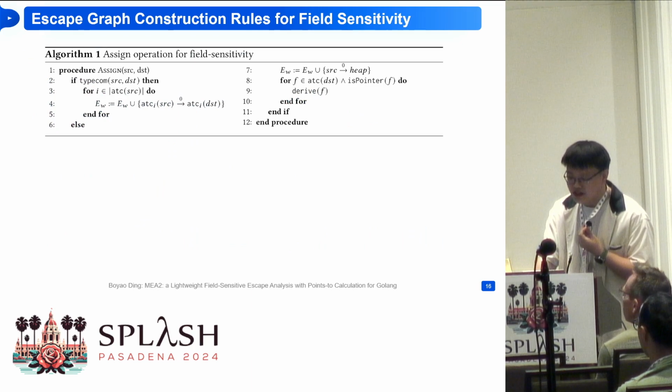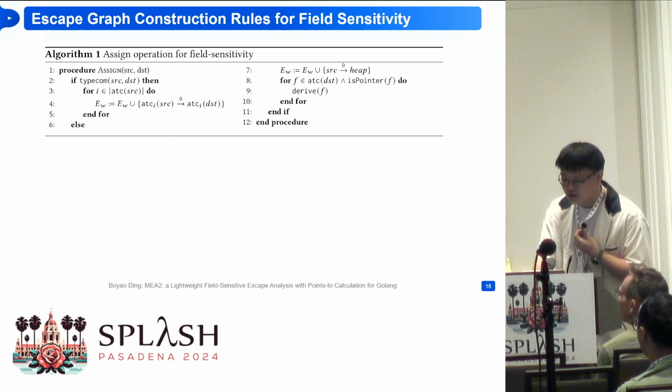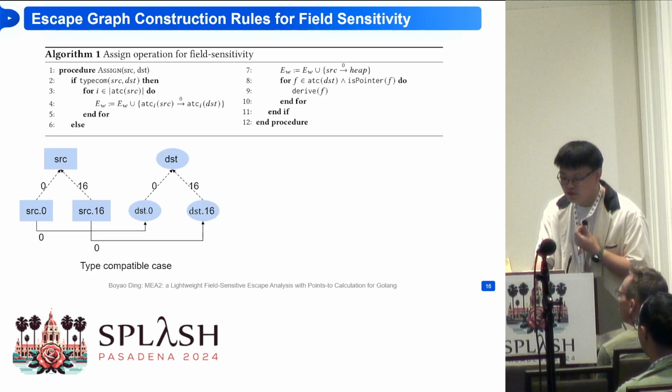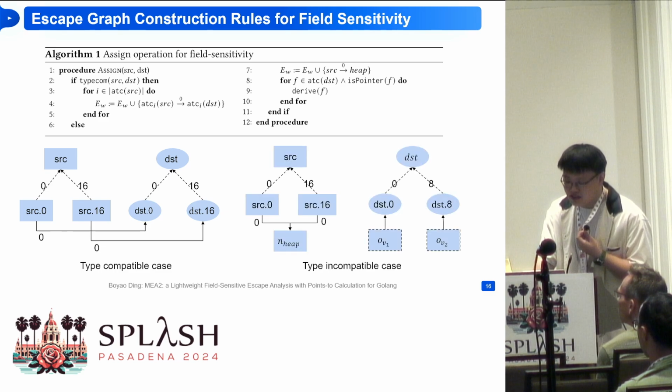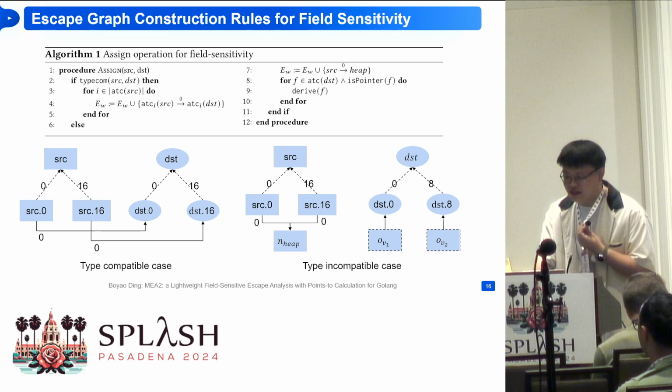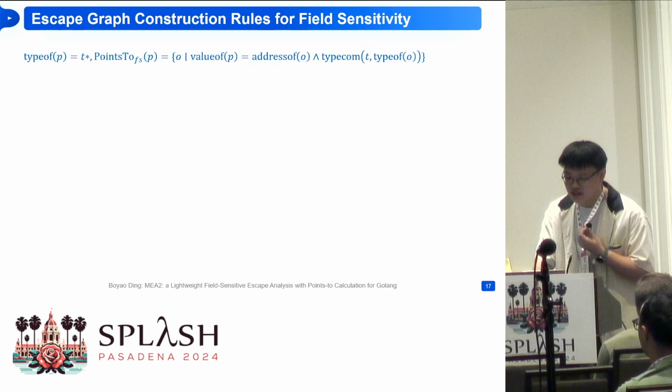And then we can define an assign operation to handle the assignment between two typed variables. If they are type compatible, corresponding flow edges will be established between each of their respective fields. Otherwise, we consider that they cannot be safely assigned, leading to our conservative approach.